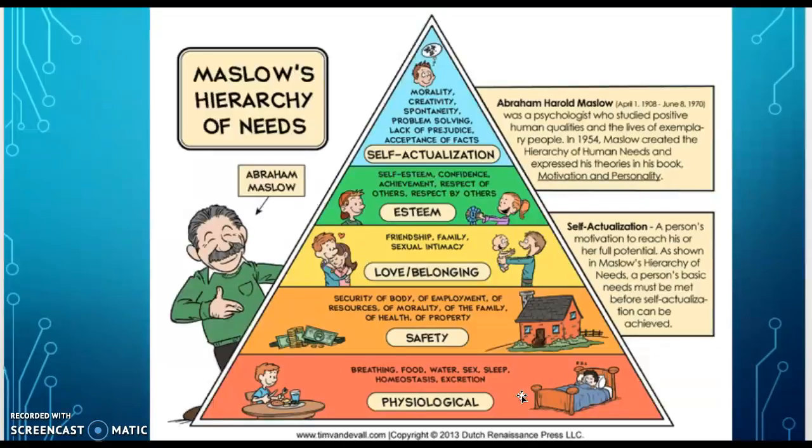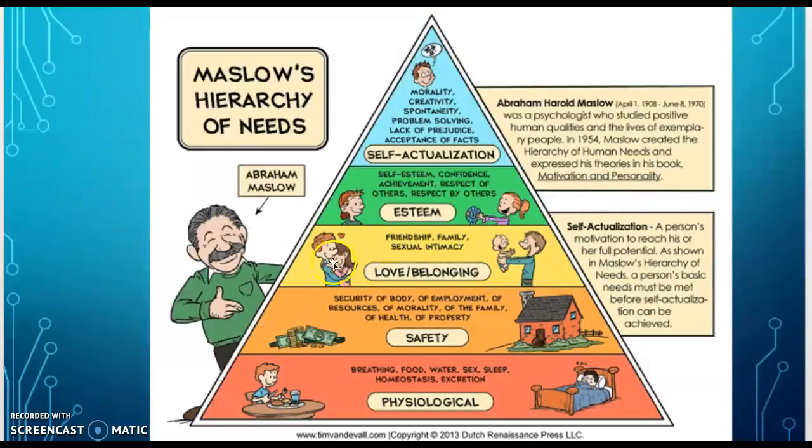So the first level is physiological, the human needs of breathing, food, water, sleep. Then we have our second level, which is safety. That's your security; for older people, employment, use of resources, health, safety of the family.